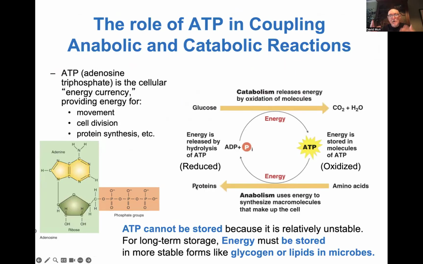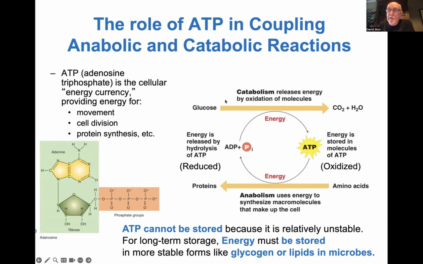So in summary, here's what we have to deal with so far. Here's our ATP, adenosine triphosphate. This is a molecular model of it. Adenosine triphosphate serves to traffic energy between catabolic reactions and anabolic reactions.